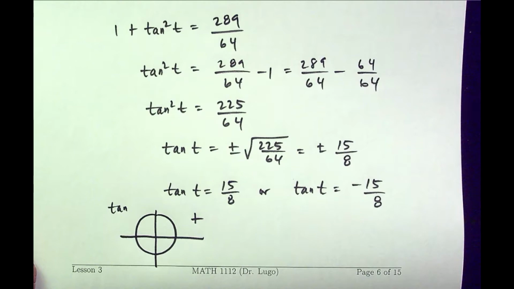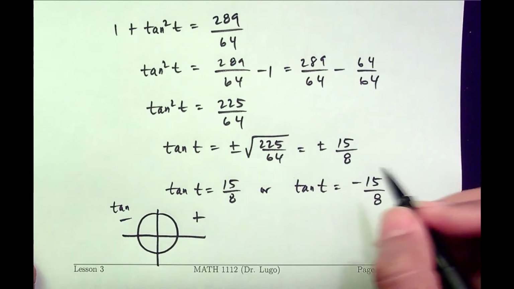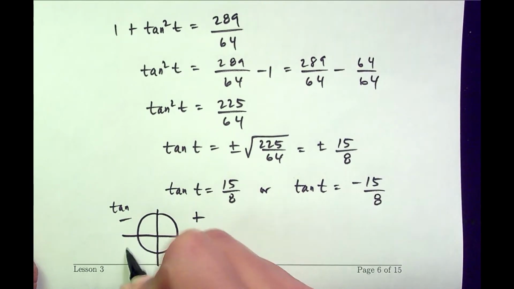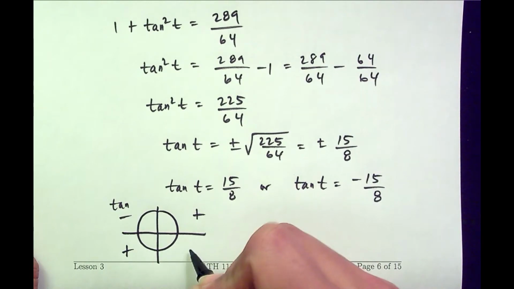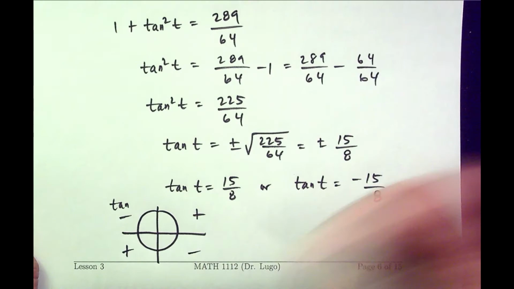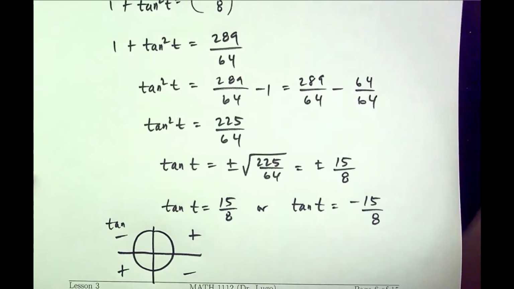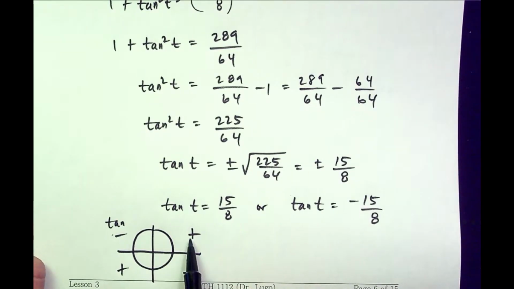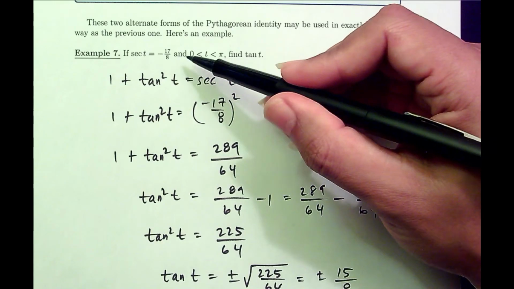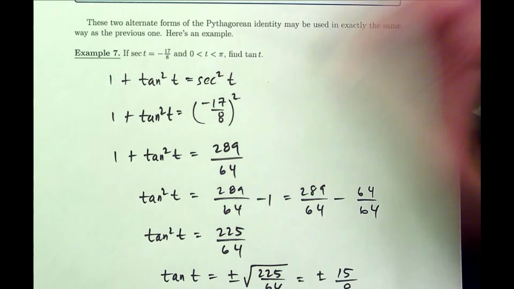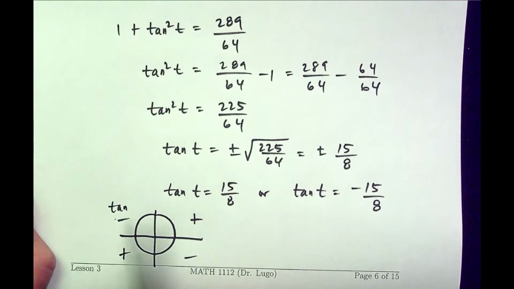On the second quadrant, tangent is negative. On the third quadrant, tangent is positive because both are negative. And in the fourth quadrant, tangent is negative. Okay, so I know that the angle is in the upper half. This is what they told us. The angle is between 0 and pi. So that means the angle is either here or there.